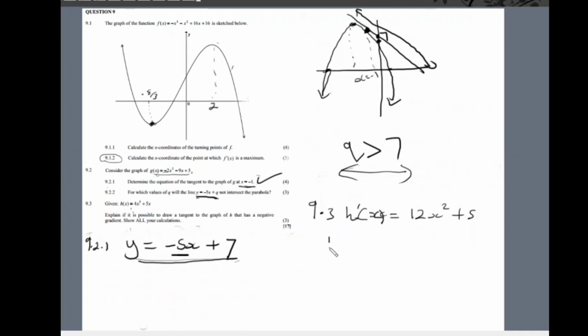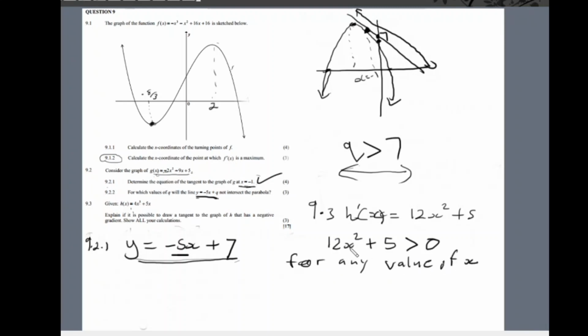So notice that 12x squared plus 5 will always be greater than 0 for any value of x, right?